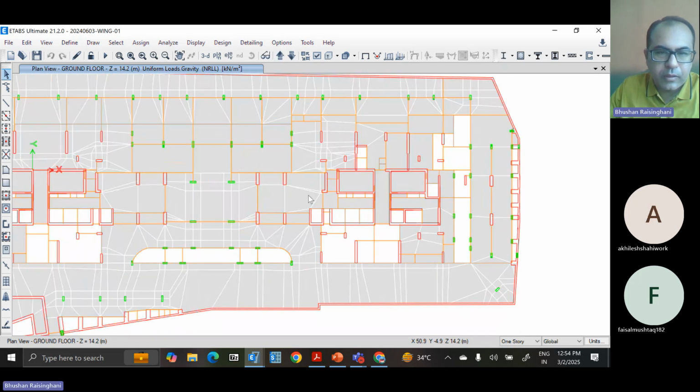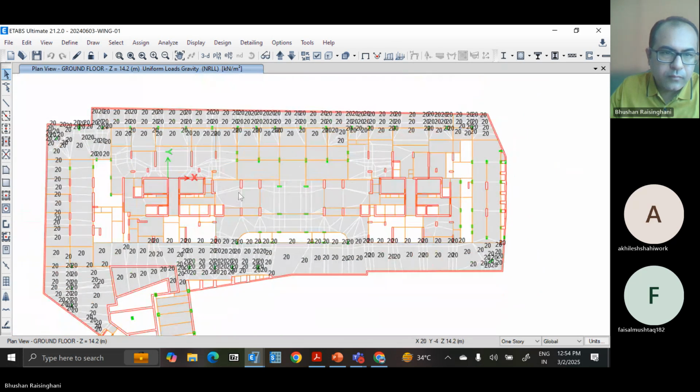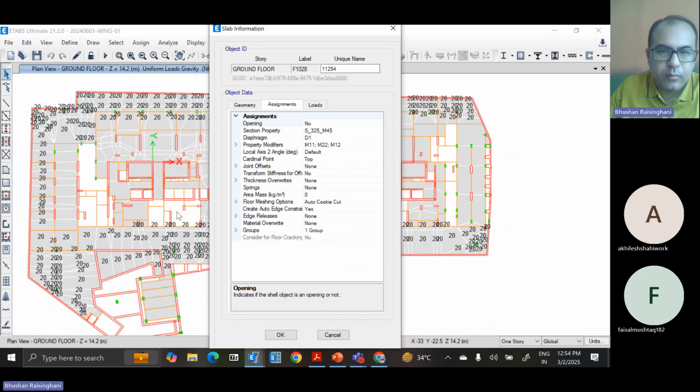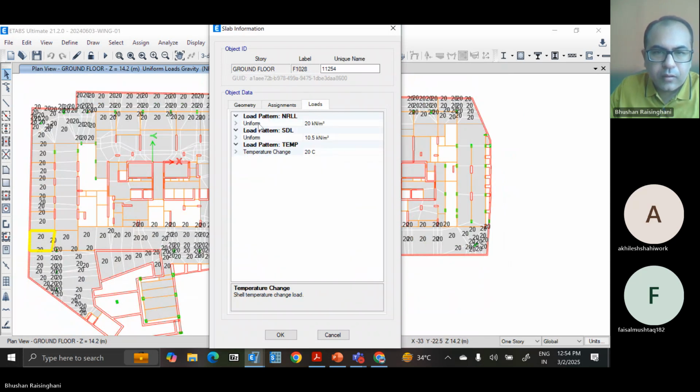So this is the podium level. You can see these loads are 20 kilonewton per meter square. That is non-reducible live load, I think a parking load. Then there is a super dead load 10.5 and temperature change 20 degrees Celsius.